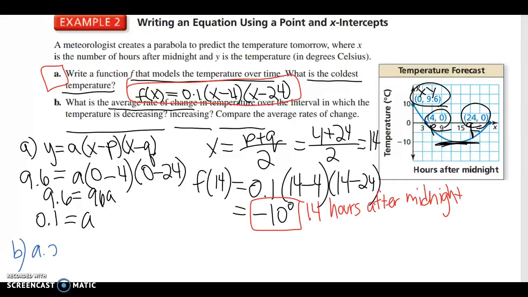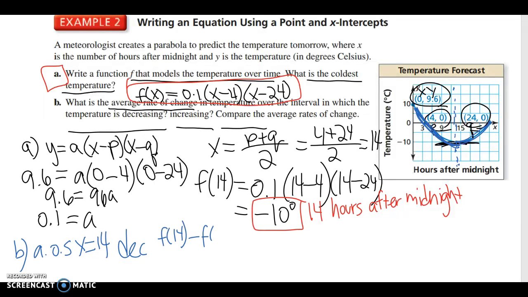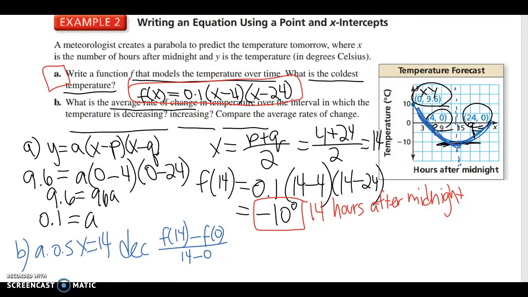For part B, my axis of symmetry is x equals 14. So to figure out where that is on the graph, we can see the function is decreasing from 0 to 14, and then at 14 the function starts increasing. So for decreasing, we're going to say my average rate of change is f of 14 minus f of 0 over 14 minus 0.